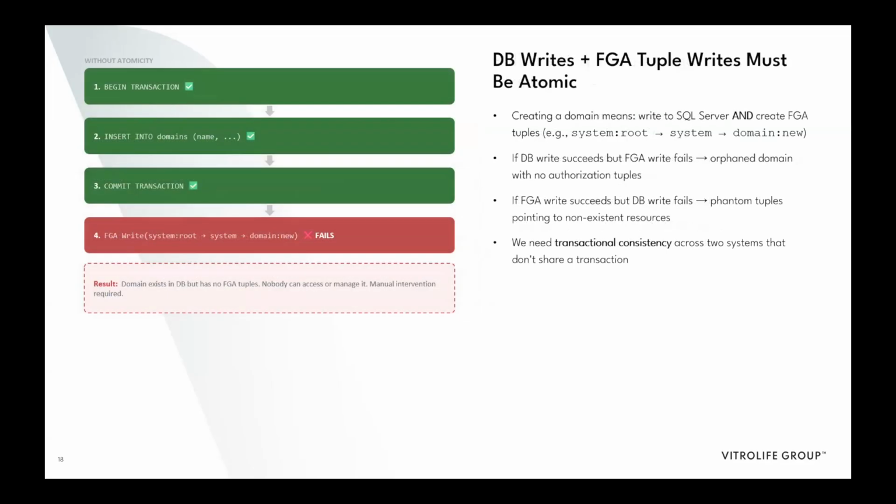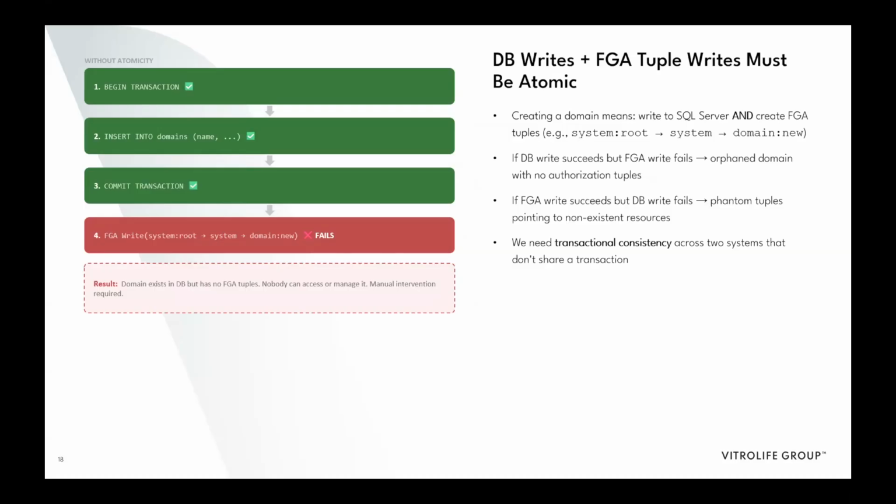And then here's one of the first problems that we started seeing. That was when we create an entity in the database, and at the same time, we need to create a relationship in OpenFGA between that entity and something else.